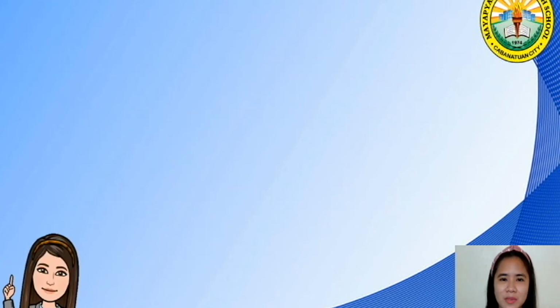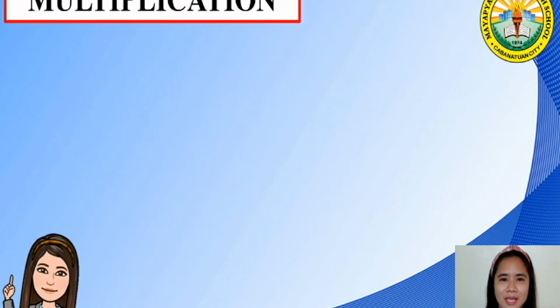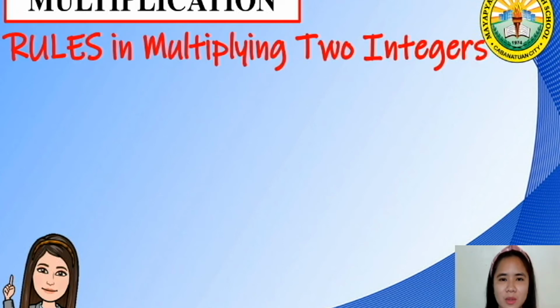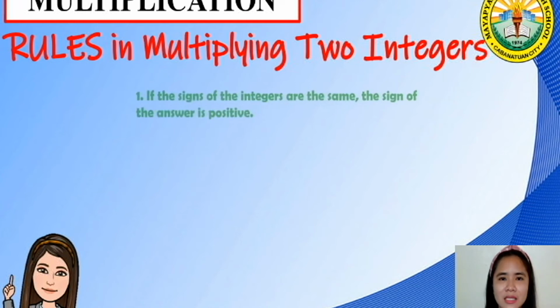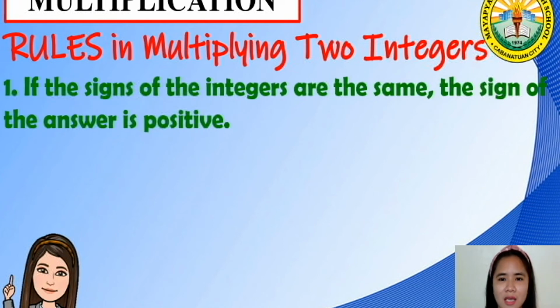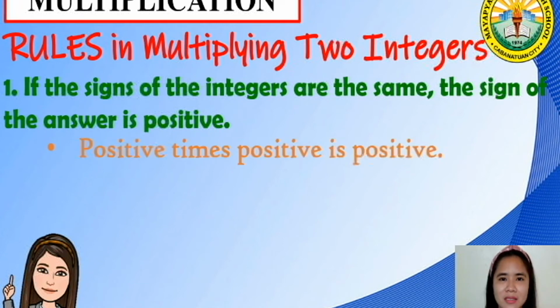Our next operation is multiplication. We have two rules in multiplying integers. The first rule is, if the signs of the integers are the same, the sign of the answer is positive. That means positive times positive is positive.